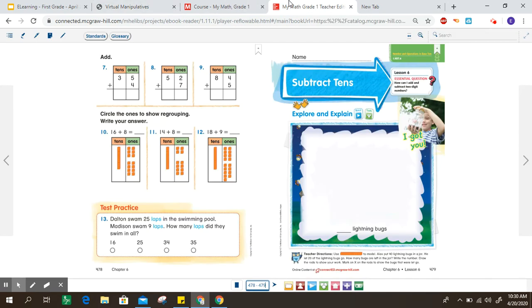Alex put 40 lightning bugs in a jar. He let 20 of the lightning bugs go. How many bugs are left in the jar? Write the number. Draw the rods to show your work. Mark an X on the rods to show the bugs that were let go.